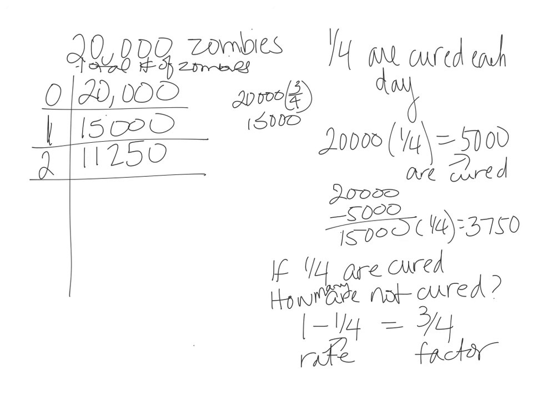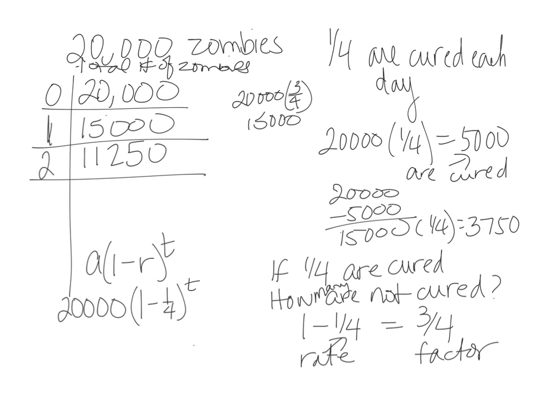So for a cure type of situation, a decay situation, your general equation is 1 minus r to the t. It's 20,000 times 1 minus 1/4, which is the same thing as our factor, how many are not cured, to the t power.